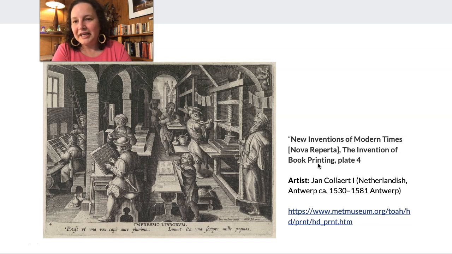I think it was probably a case of simultaneous development, but to the Western world, or at least to Europe, the printing press was something completely new, and it didn't exist in any form.